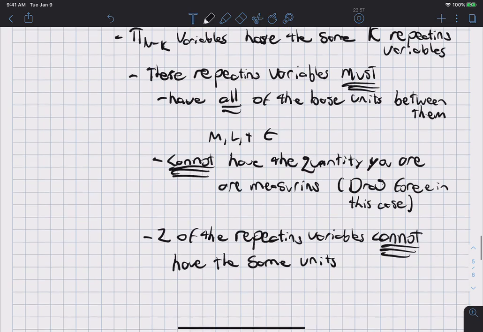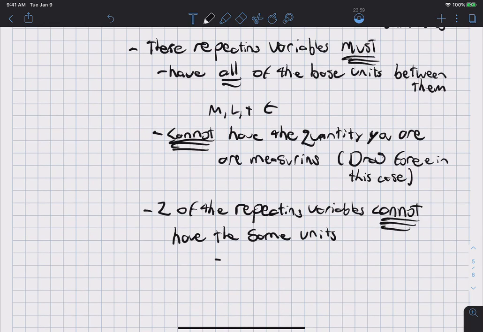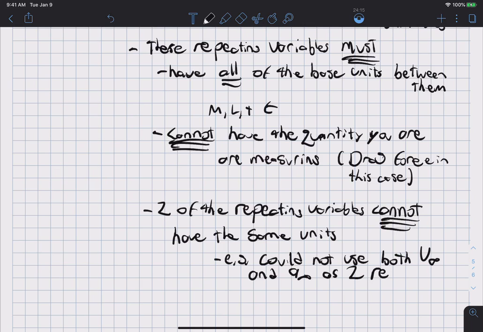Okay, so for our drag example, we could not use both V infinity and A infinity as two repeating variables.